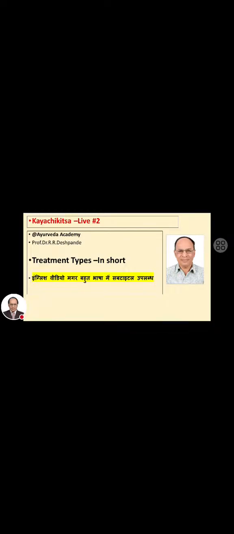Then Ojas, waste products, and sense organs. All these elements of our body are included as dushya. So dushya means whichever elements are attacked by the aggravated doshas. Then here we have to find out which is dushya and how we can recorrect the pathology in the dushya, how we can improve the immunity of that particular dhatu.